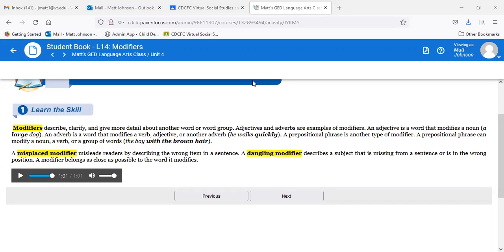An adverb describes a verb. So, she quickly ran. Quickly would be the adverb. Sometimes we put those in the wrong place. That's why they're talking here about dangling modifiers and misplaced modifiers. We want to make sure that those descriptive words fall in the right place.